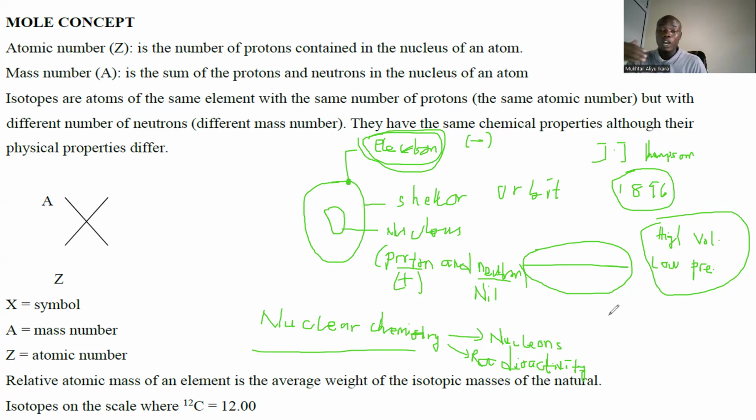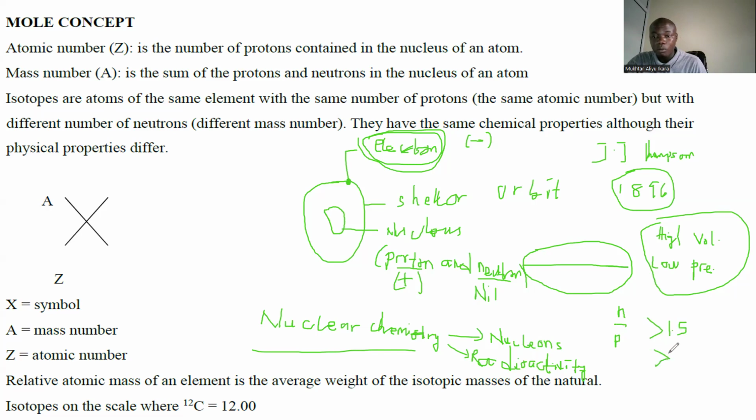And how can you know that an element has an unstable nucleus? It is when the element has a neutrons to protons ratio greater than 1.5 or less than 1.